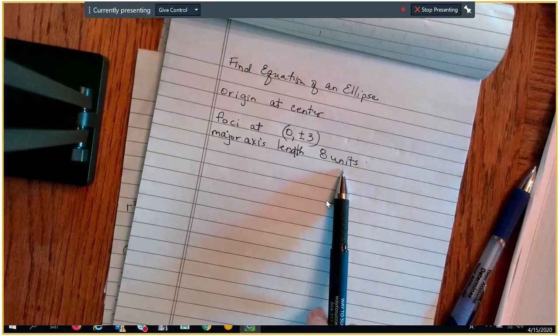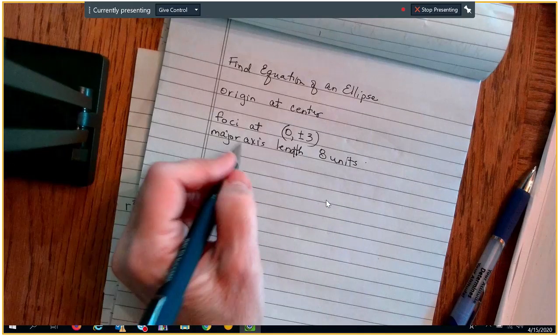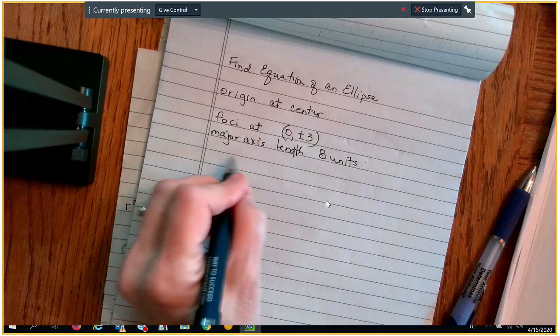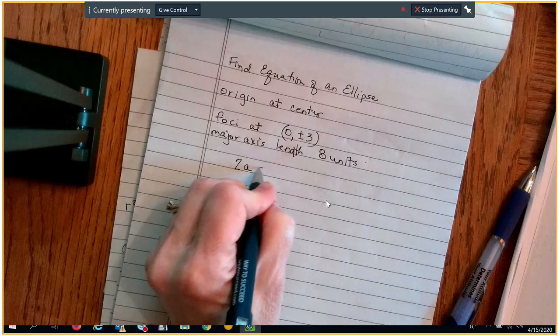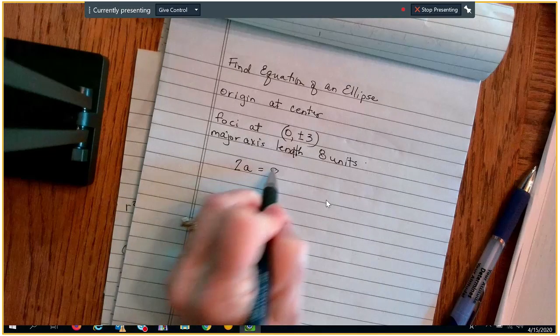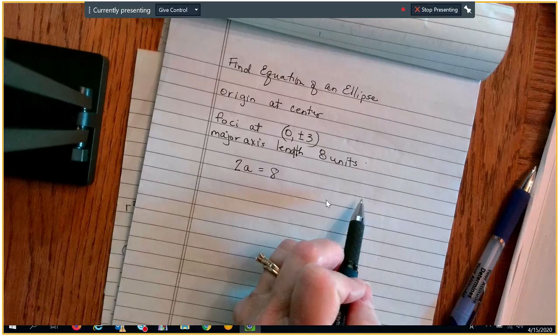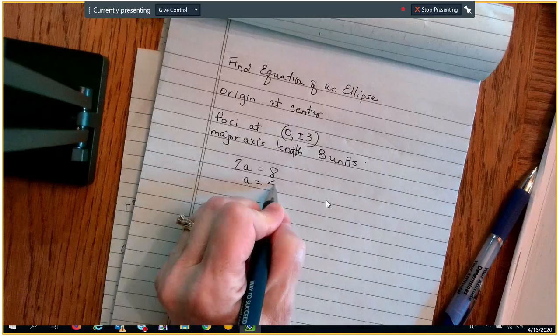So we know that if we say that 2a equals 8, because we've got to have the same distance on both sides from the origin, then a is going to equal 4.